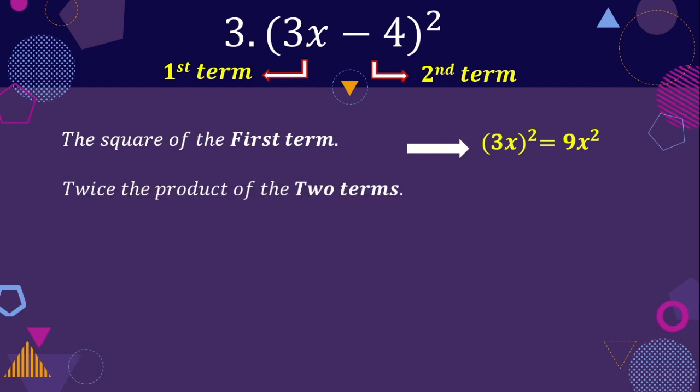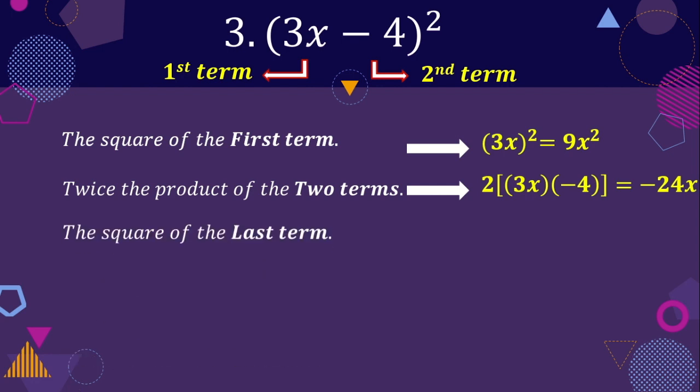Next, twice the product of the two terms. Our terms are 3x and negative 4, and all we have to do is to take twice the product of it. And we will have 2 times the quantity 3x times negative 4, and the answer is negative 24x.